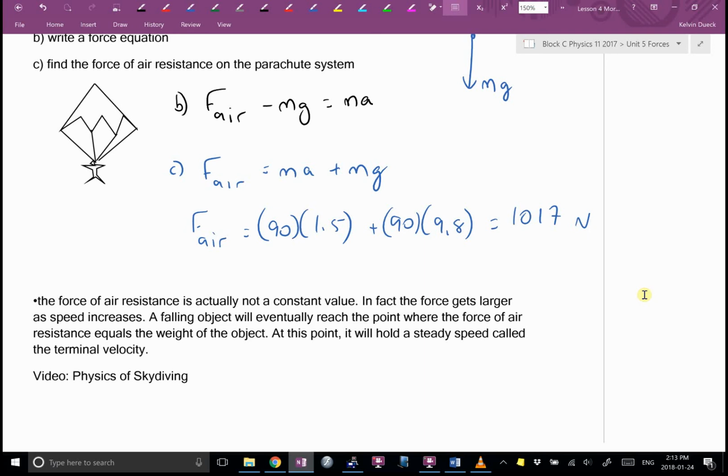If the arrows are the same length, that means the forces are, I'm looking for a word that begins with the letter B, balanced, and so that means your acceleration is 0. Does that mean you're stopped? No, your acceleration is 0, not your velocity. Your velocity is now going at a constant speed. We have a fancy name for that. We call it terminal velocity. Put pencils down, look up.